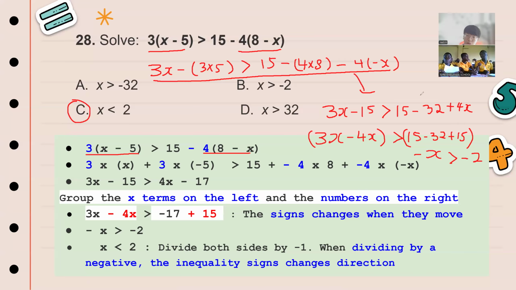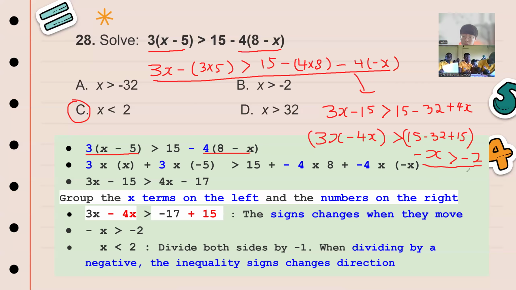Let's go through the steps again. What we did first was expand out these two, and then we put all the x's on the left side by subtracting 4x on both sides and adding 15 on both sides. That's why we got to negative x is greater than negative 2.